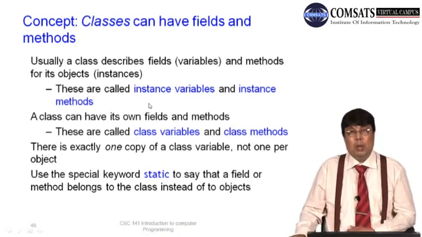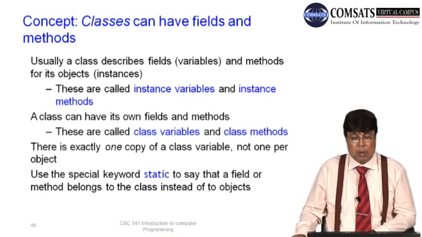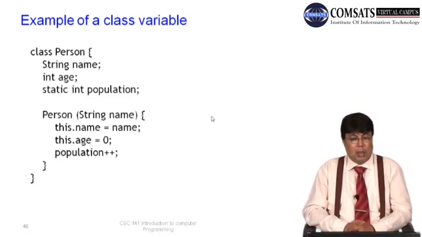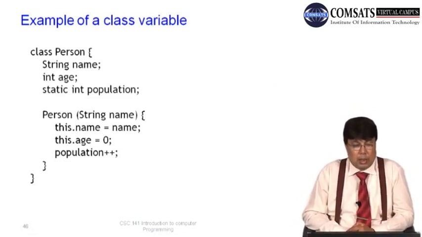You can just read it out, because you will study these concepts in much more detail when you study the object-oriented course. So just to give you the example here: class person, string name, age, and static integer population.